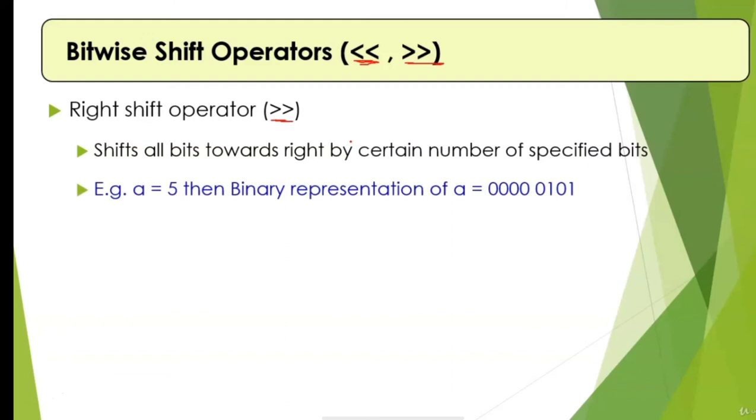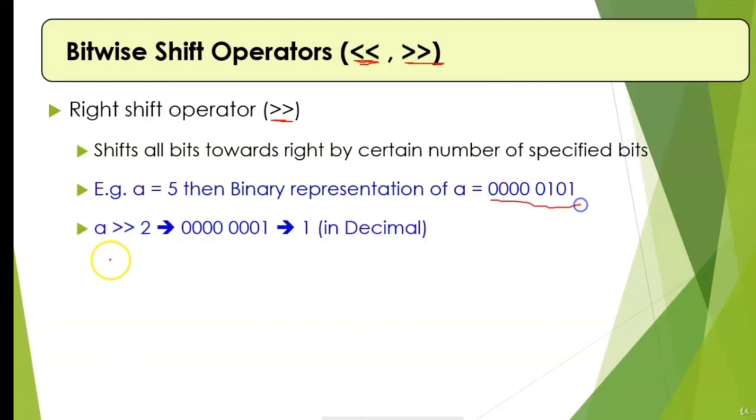Let's see an example. Suppose the value of A is 5. Then here is the binary representation of A. If we apply the right shift operator on A by 2, so I'm going to perform right shift twice.